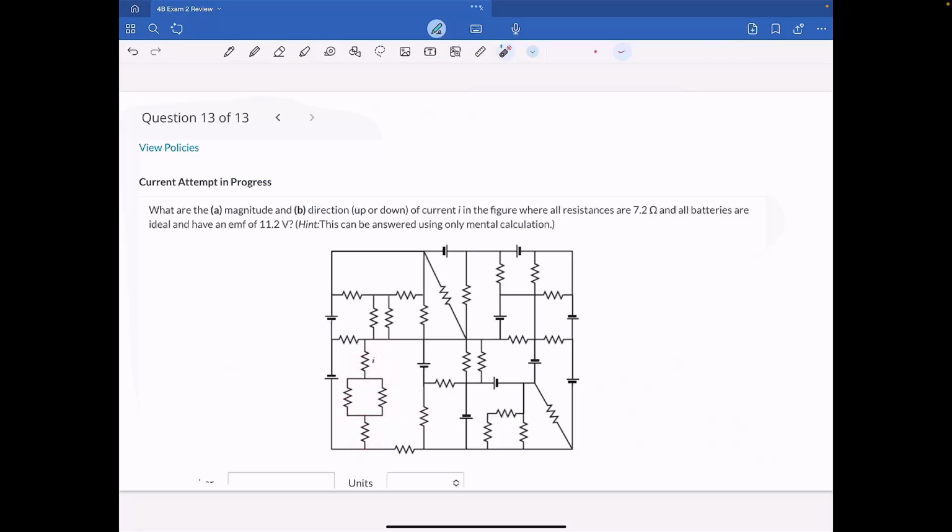So what do I do with these two resistors? They're in parallel, right? So what is that combination? It's R over 2. The 1 over the equivalent is 1 over R plus 1 over R, since they're all the same resistance, so that is 2 over R, and the equivalent resistance is R over 2. Now this is R over 2, this is R, and this is R. What do I know about the current through all three of those resistors?